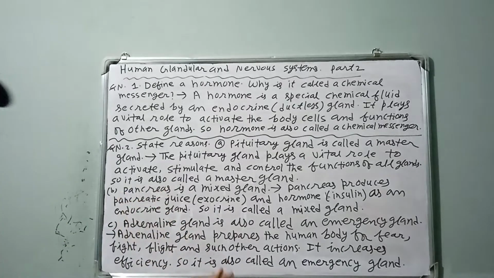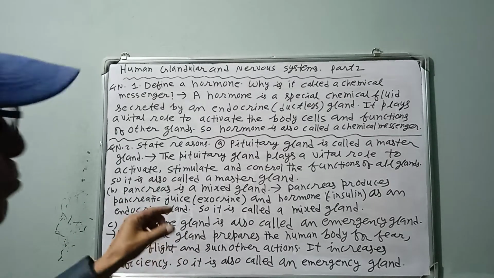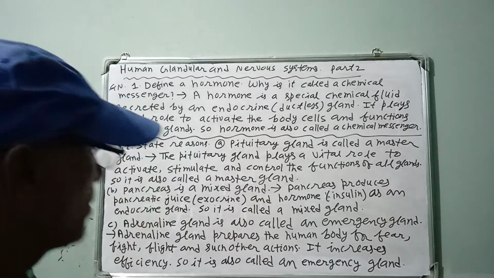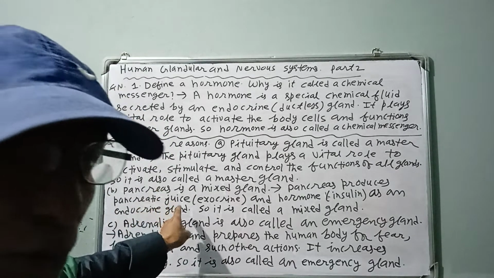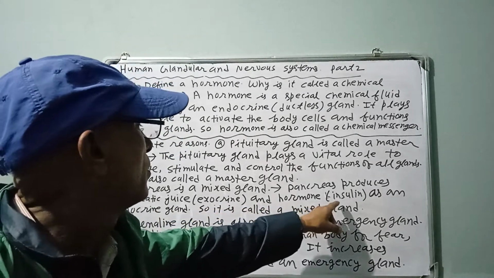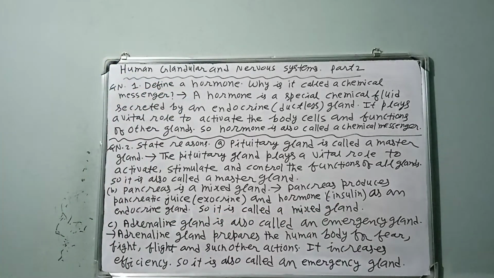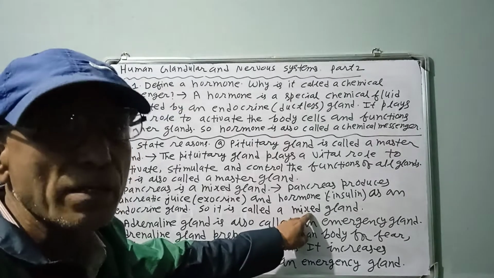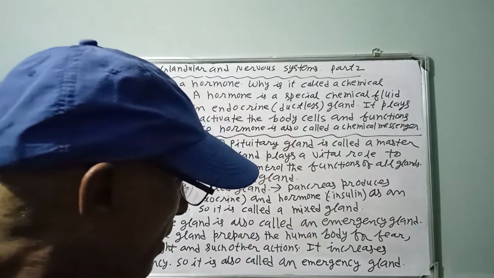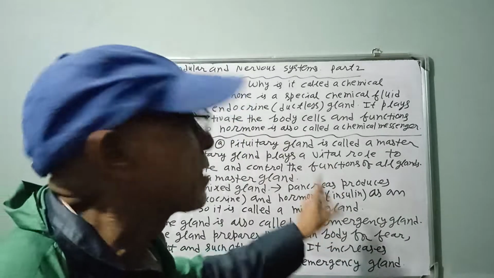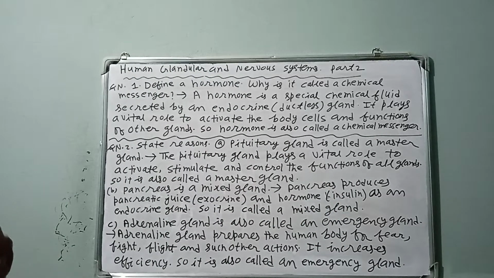So pancreas does the function of both endocrine gland and exocrine gland. It means it produces pancreatic juice and hormone like insulin. So it is called a mixed gland. Just by word mixed. Mixed भन्ने बित्तिकै endocrine glandले गर्ने काम र exocrine glandले गर्ने काम. It does the functions of both glands.